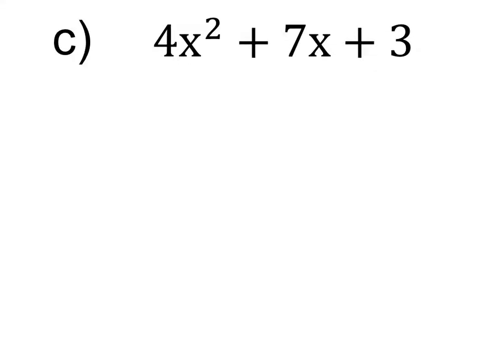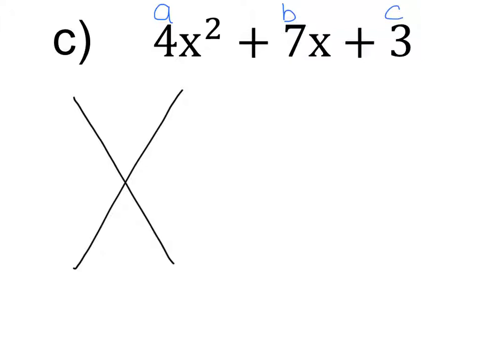All right, this one, is there a greatest common factor to factor out at the very beginning? No, there's nothing common between all three. So set up your x. All right, we have A, B, and C. So first we need A times C, which is 12 up top.